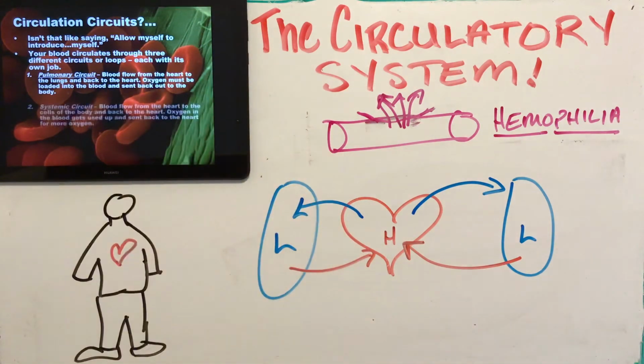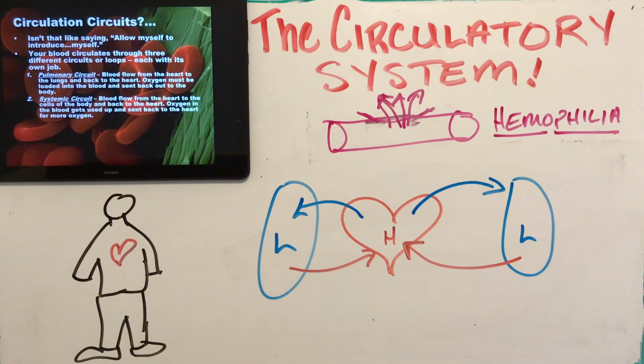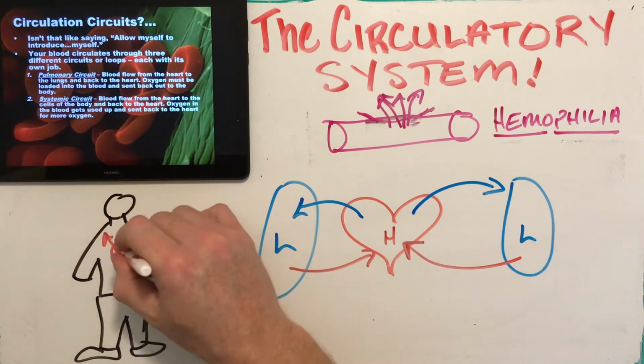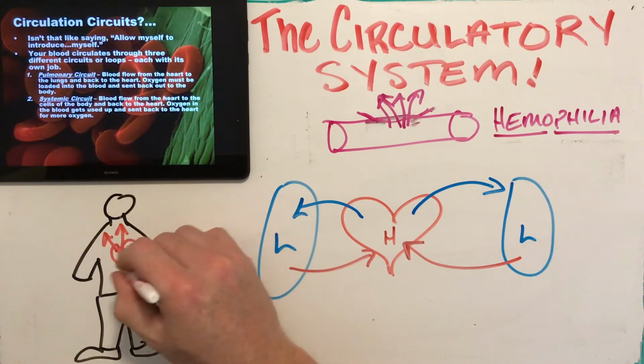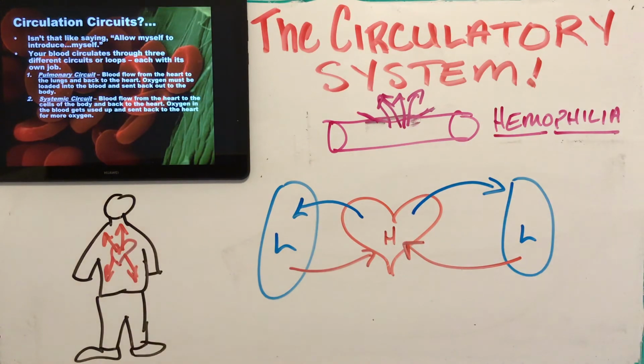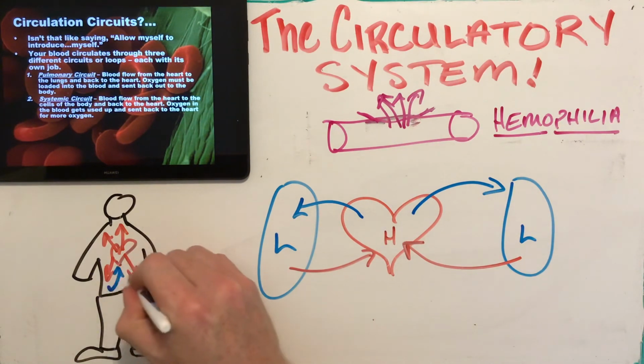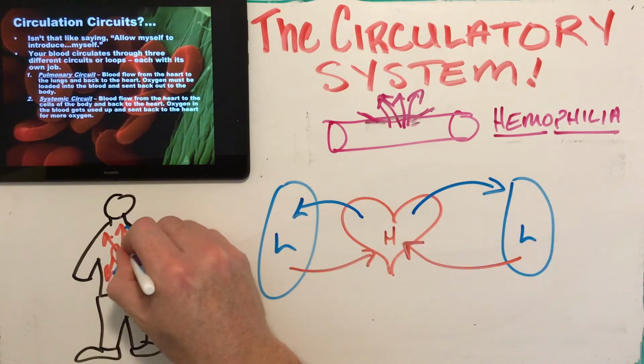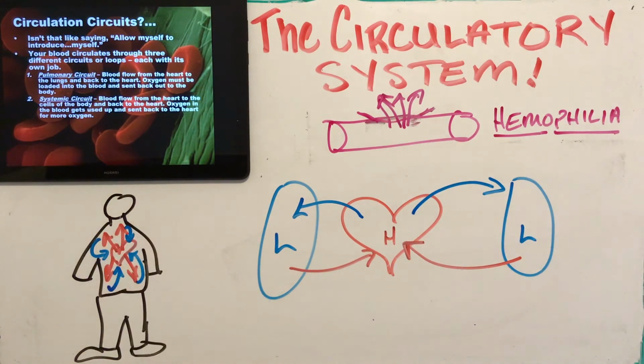And that circuit is called the systemic circuit. The heart pumps that oxygen-rich blood out to the body. The body then uses up that oxygen and sends the blood back to the heart. So that's the systemic circuit.